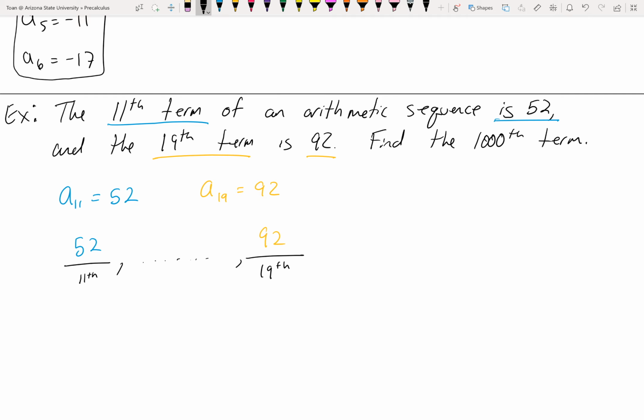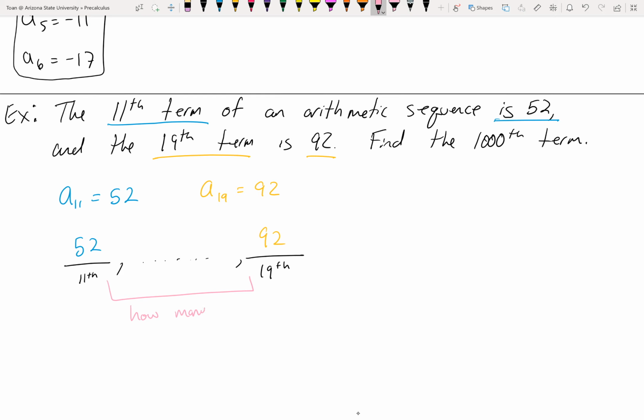Arithmetic sequence is defined by a common difference and the first term, but the ultimate conceptual idea of arithmetic, repeated addition. So I know that in between the 11th term and the 19th term, I'm adding a common difference d. I'm adding a common difference d. I'm adding a common difference d, so on and so forth. So here's my question that pops into my mind.